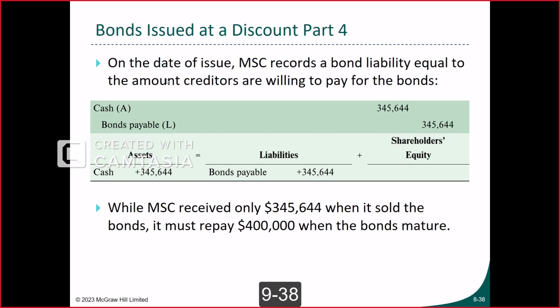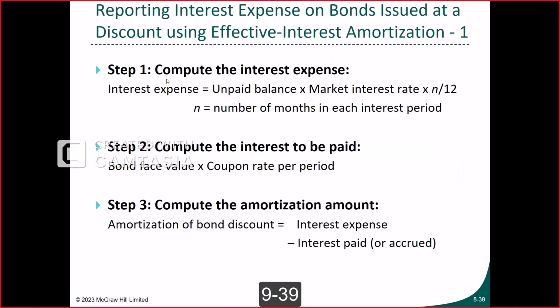Of course, even though we just collect 345,000, we still have to pay back at the maturity day $400,000, the full principal amount, no matter whether issuance was done at discount or at premium.